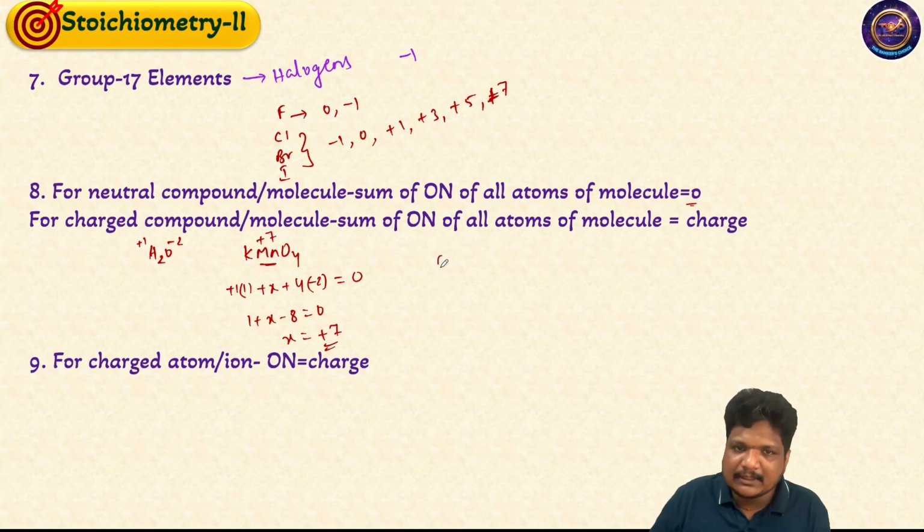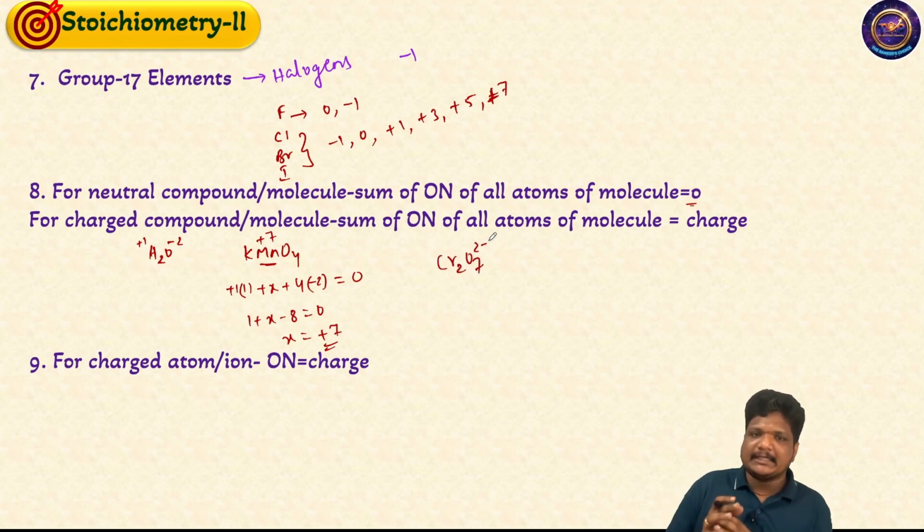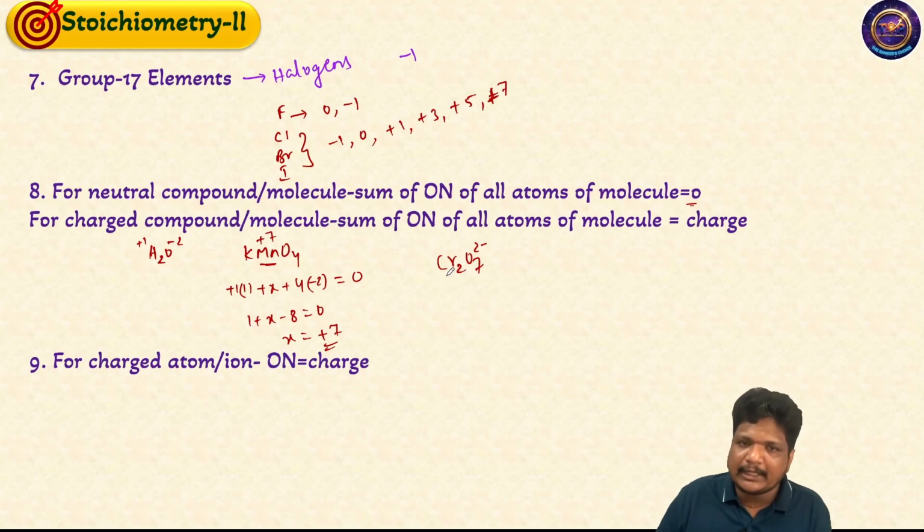If you observe Cr2O7 2-, here it is an ion. If I want to calculate the oxidation state of chromium, let us take it as x. So 2x plus 7 into -2 for each oxygen is equal to the overall charge, that is -2.